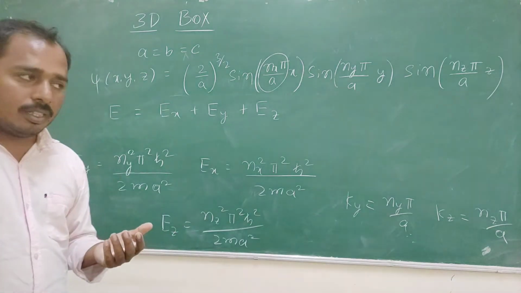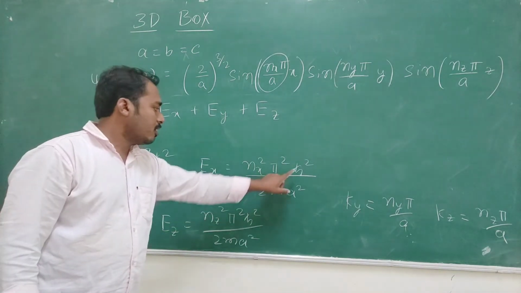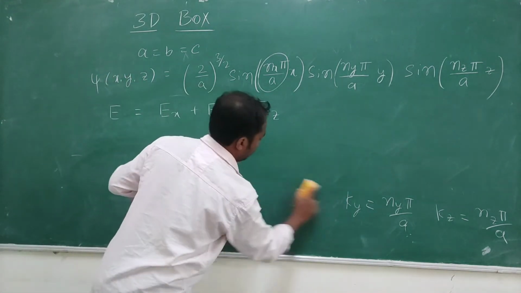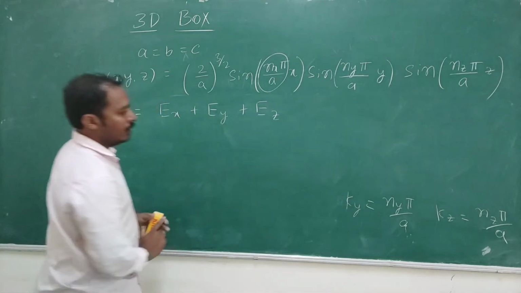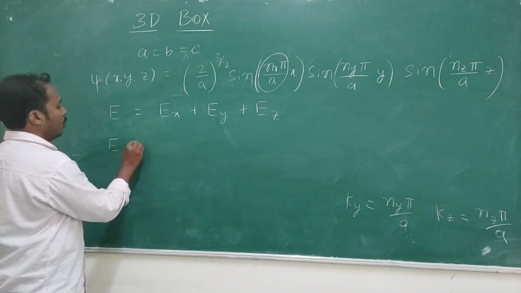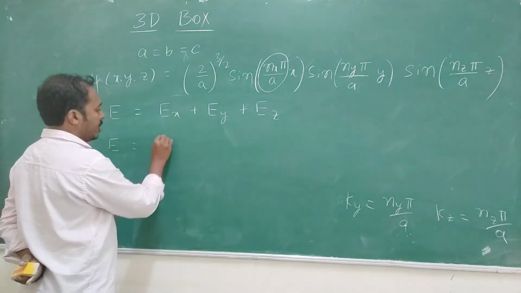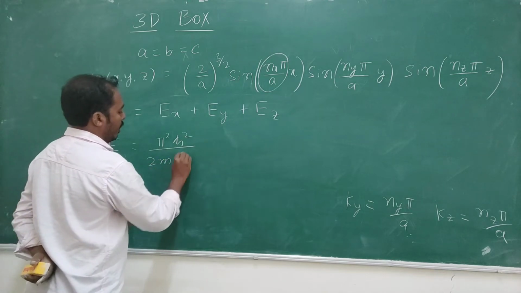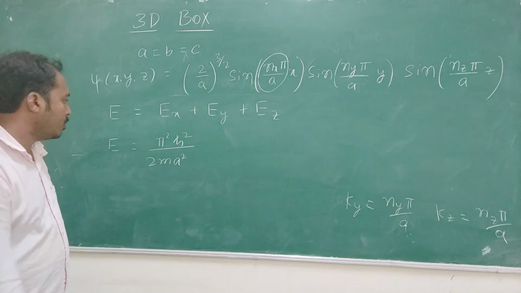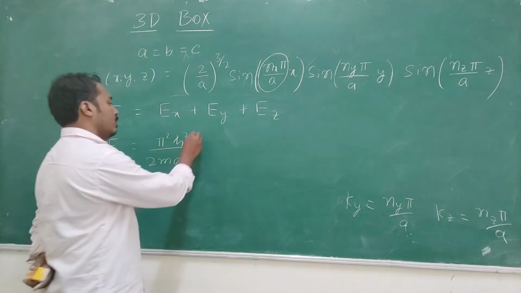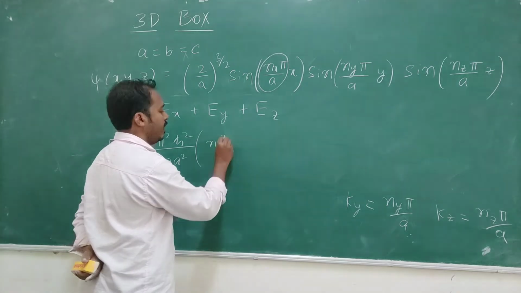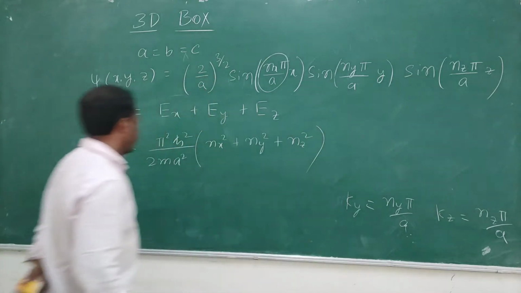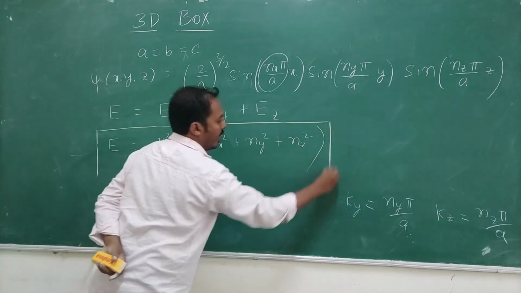So take the common pi square h cross square divided by 2m a square. E is equal to pi square h cross square divided by 2m a square, and the remaining is nx square plus ny square plus nz square. So this is the total energy.